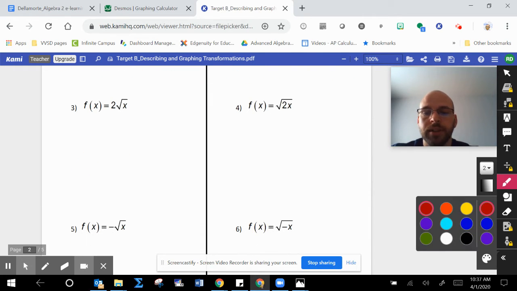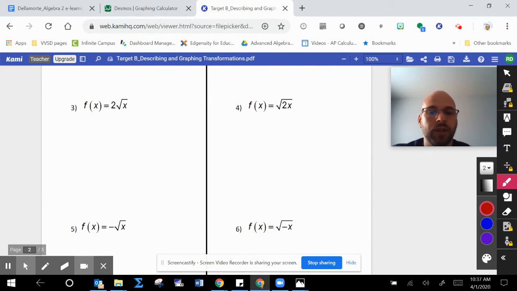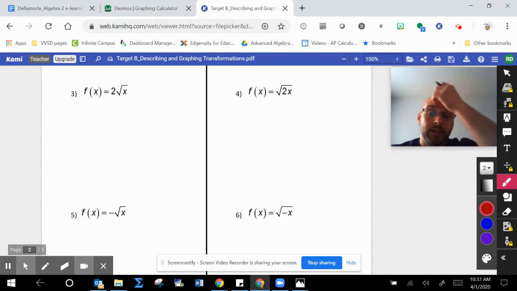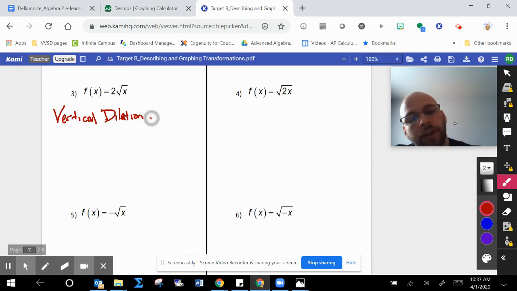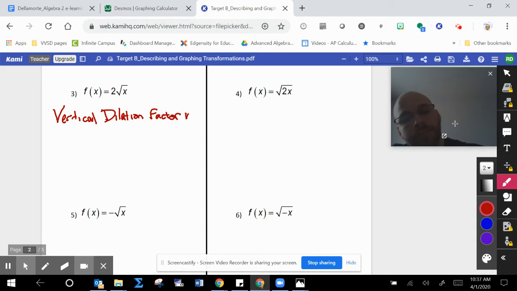Okay. Let's take a look at number 3. So we have a different type of transformation here. So this won't be a translation anymore. Anytime we have a multiplier, in this case, I have a multiplier of 2, that is going to be what's called a vertical dilation factor of 2.